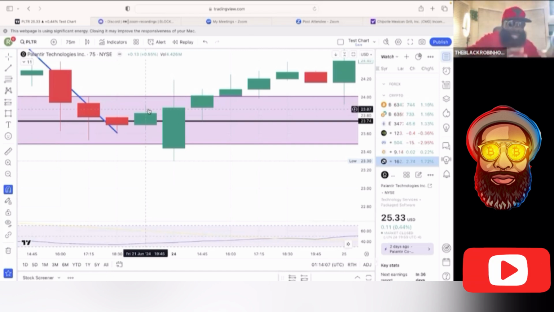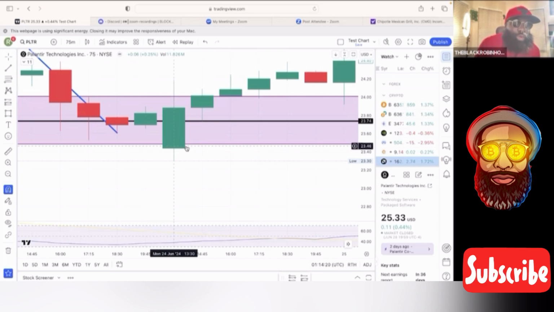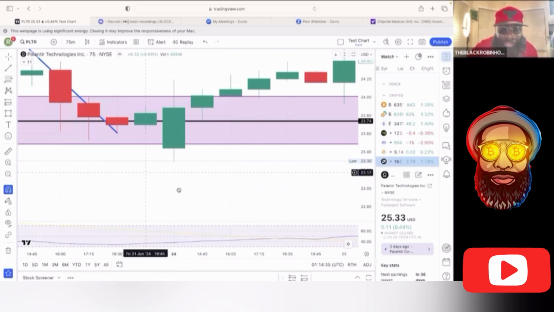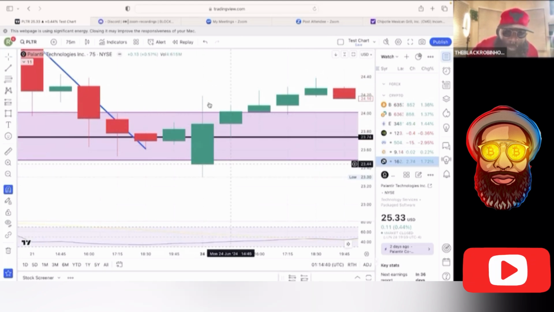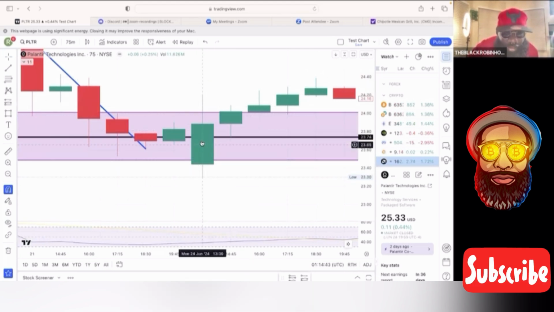Bears tend to fight down, bulls fight up. If you're bullish, you're optimistic that the price is going to go up. If you're bearish, you're optimistic that the price is going down, or you are pessimistic about the market. Same difference. So this candle here is called a bullish engulfing candle, right?